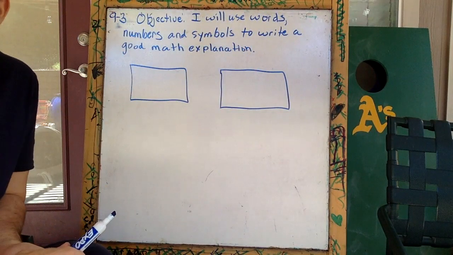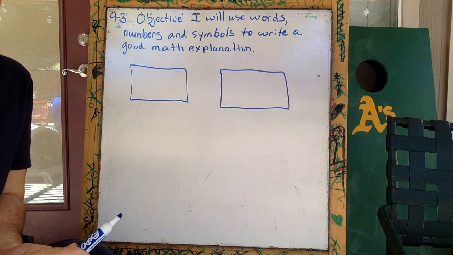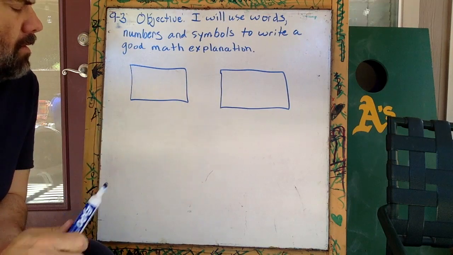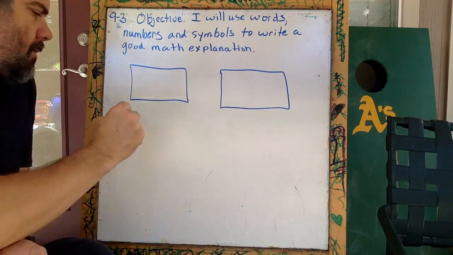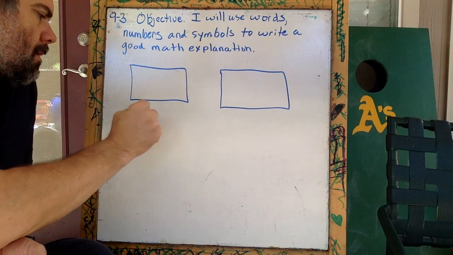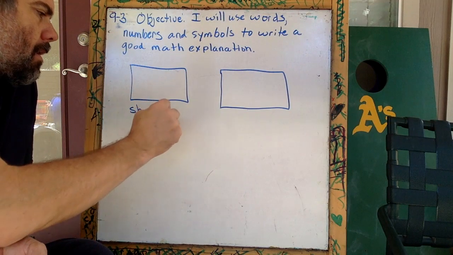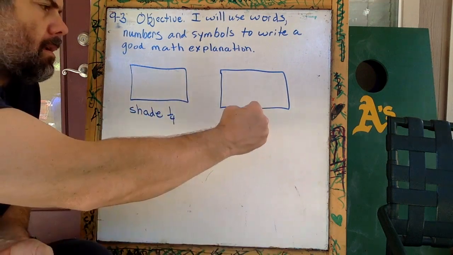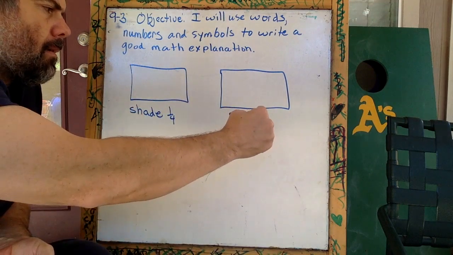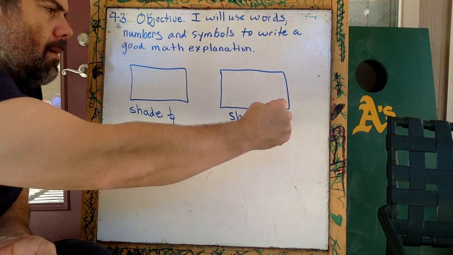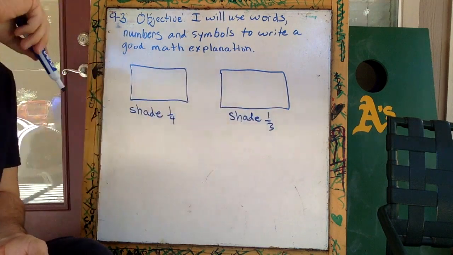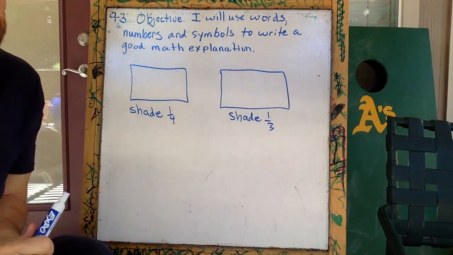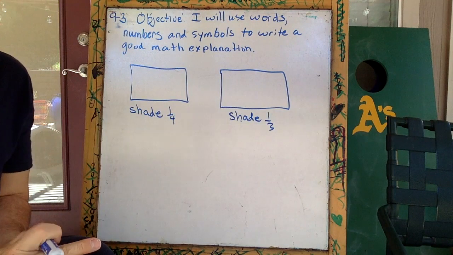For one of these rectangles, I want you to shade 1/4. The other rectangle, I want you to shade 1/3. Go ahead and pause the video if you need to, and do that before we go on.